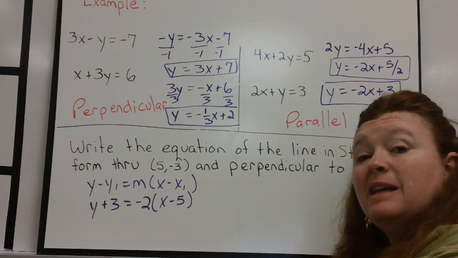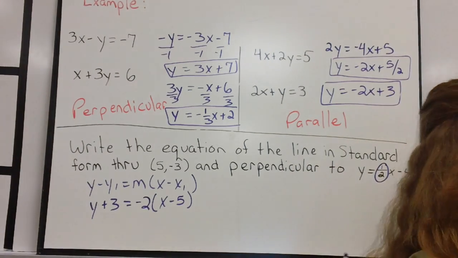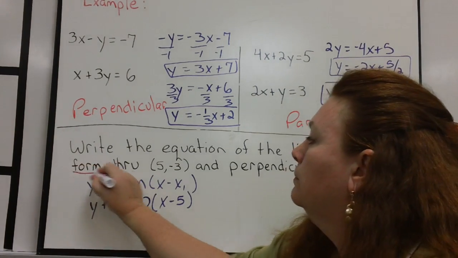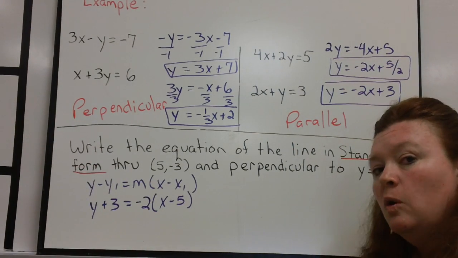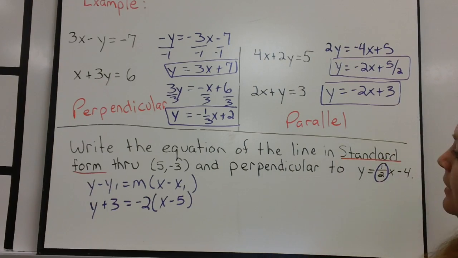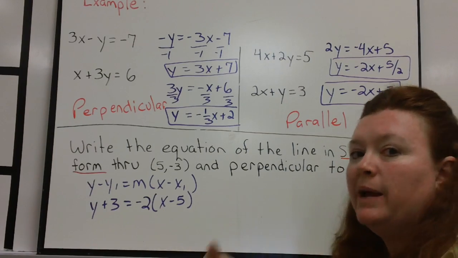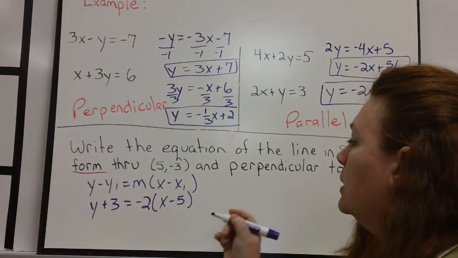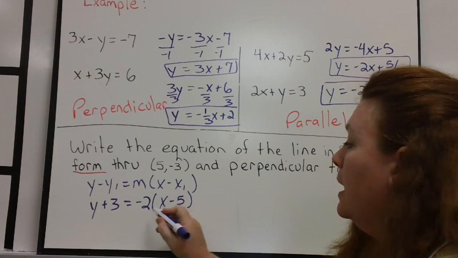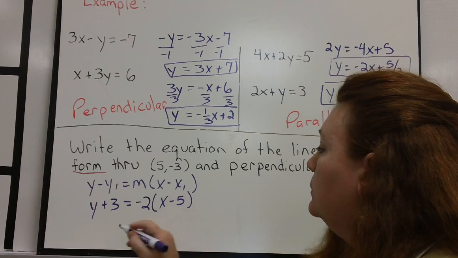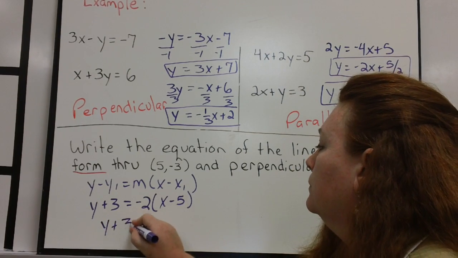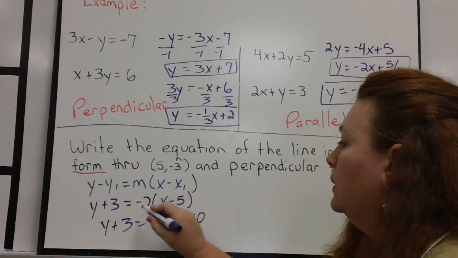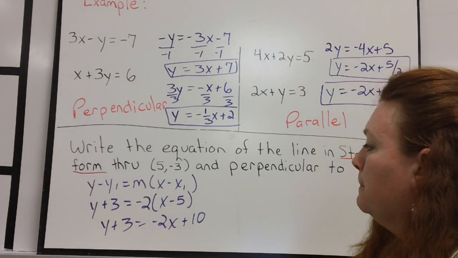Now, I would be done if it wasn't for this part right here, standard form. Now, that's just telling me, take my answer, rearrange some things and put it in the right format. So I'm going to go ahead and keep going. I'm going to distribute the -2, and that's a plus 10, be very careful, negative 2 times negative 5.